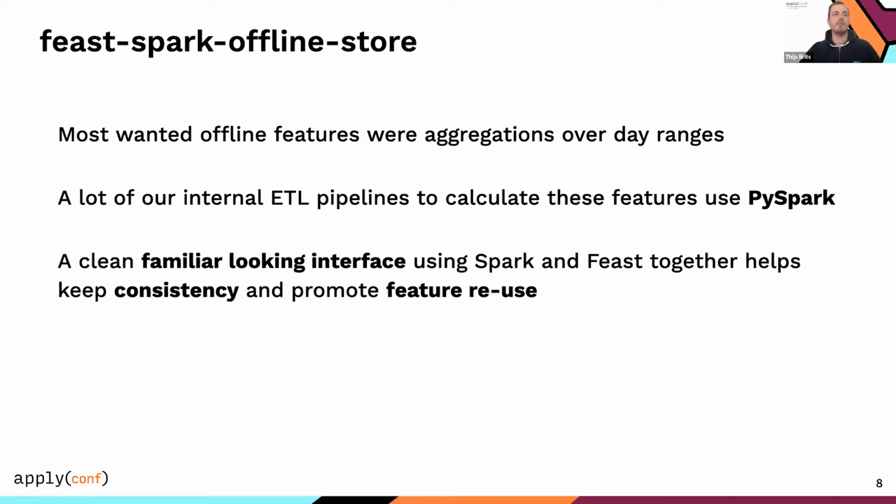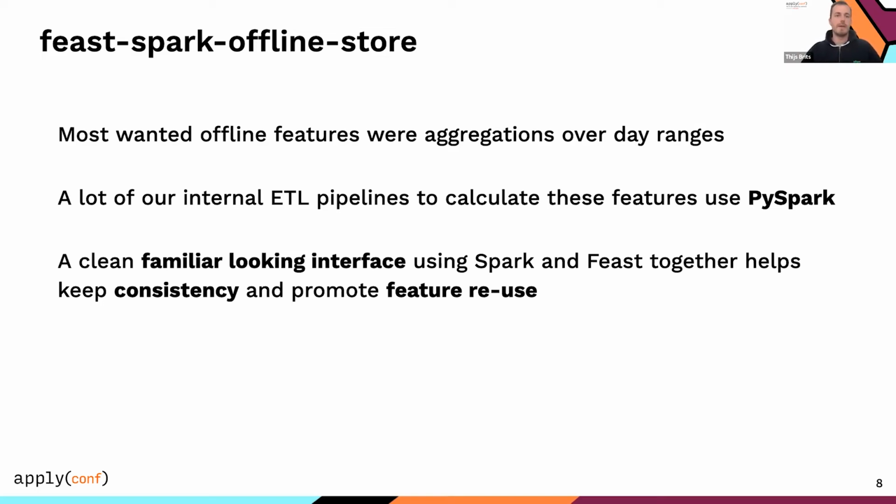So we needed some consistency, and we wanted to promote feature reuse within the company. So we wanted a familiar looking interface instead of having adapters that we built customly. So we wanted to have consistency with the actual Feast repo and set up a custom plugin. So we decided to build this first in-house and then see if it got adopted, and then maybe later open source it.